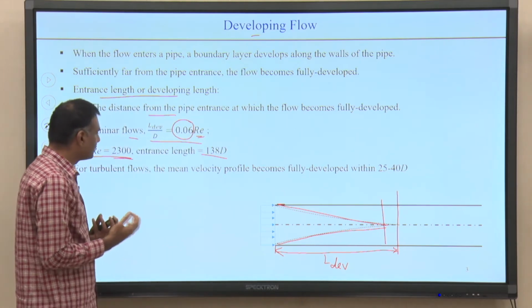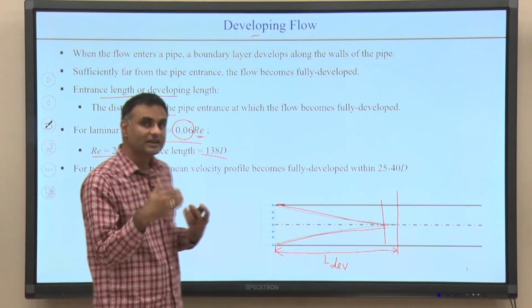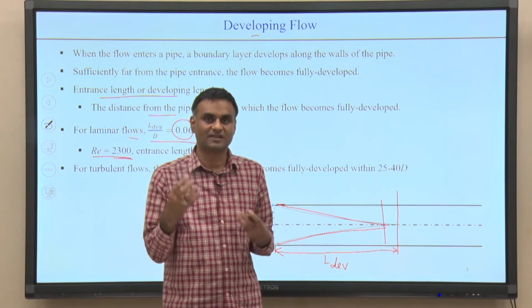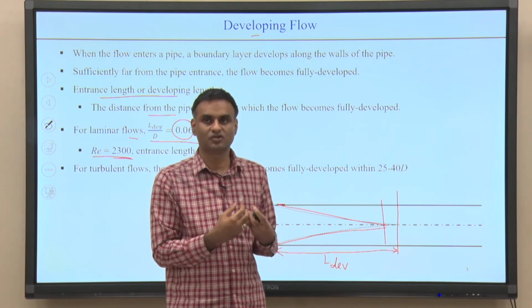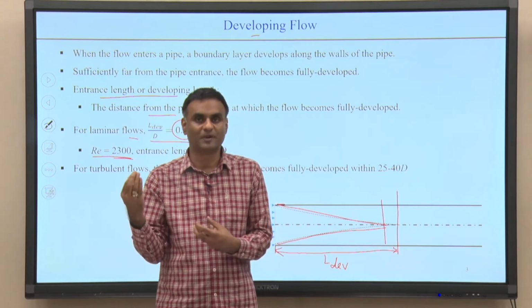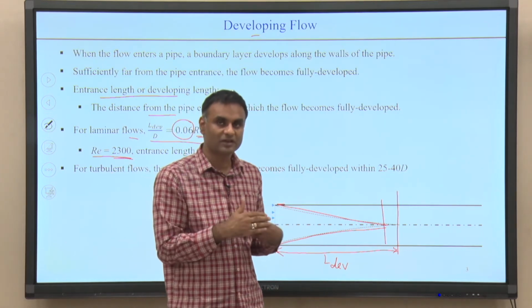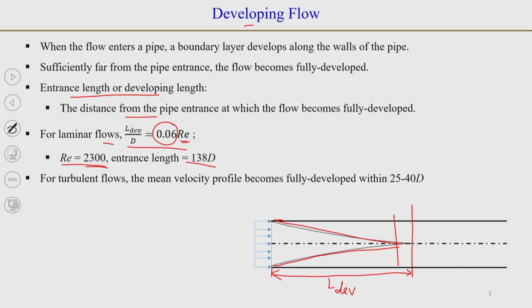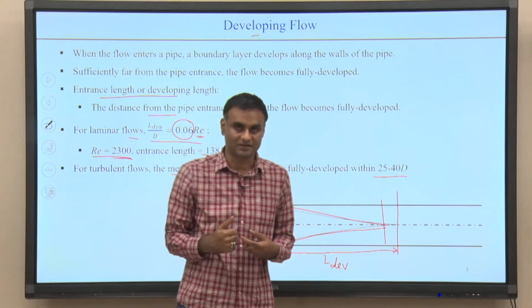When we talk about turbulent flows, because there is a lot of mixing in the transverse direction, you have eddies, and that causes the flow to develop relatively faster when compared with laminar flow. It has been observed that the turbulent velocity profile for the mean velocity develops within 25 to 40 pipe diameters.